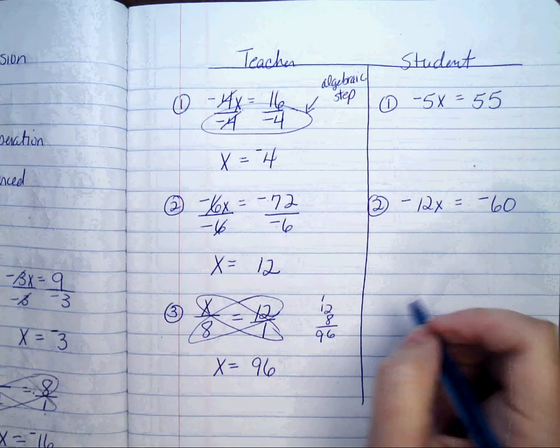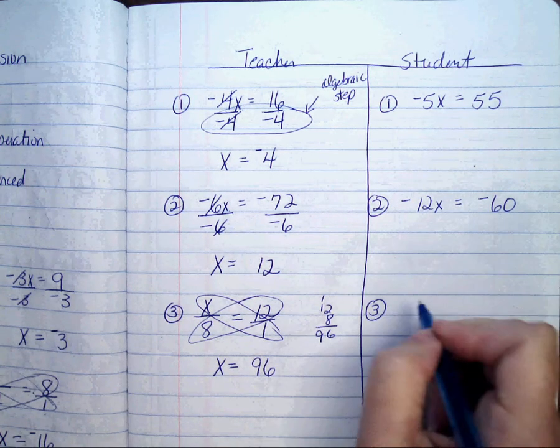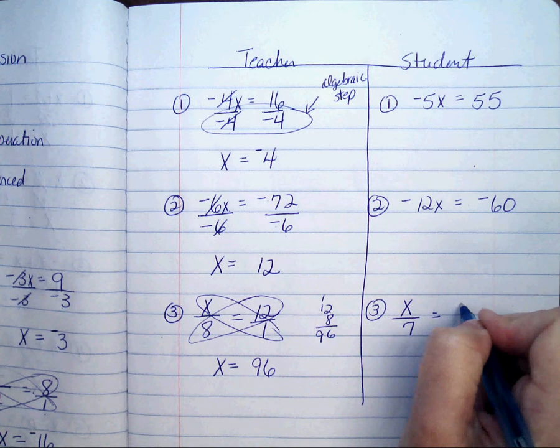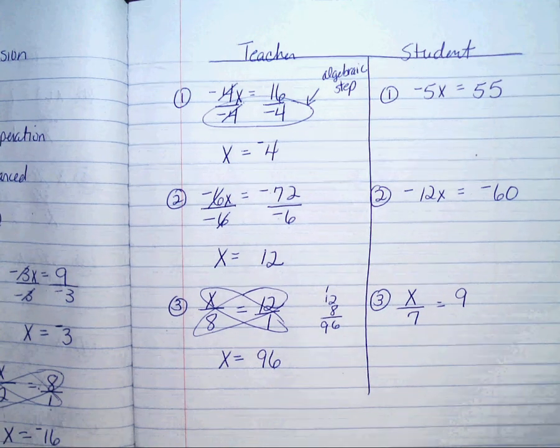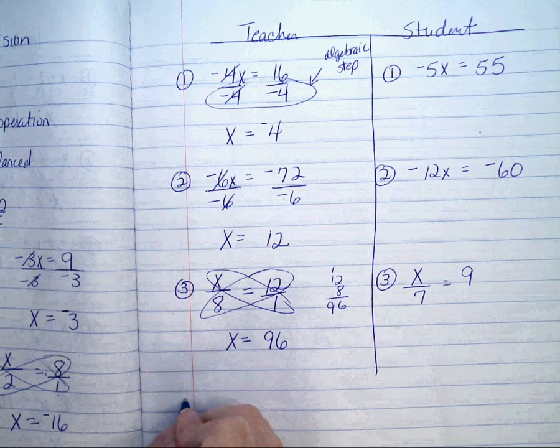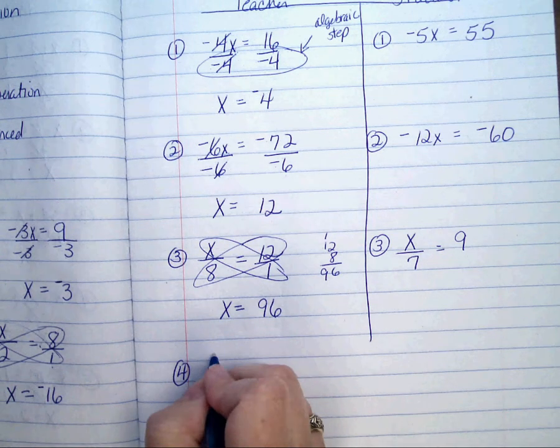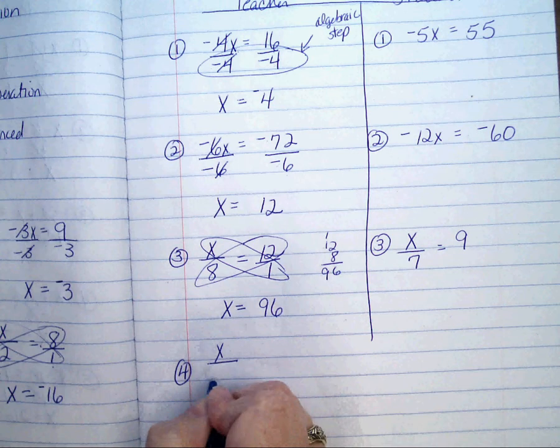X equals 12 times 8. If you need to come over to the side and do that, that is 96. You can do this one. X divided by 7 equals 9.